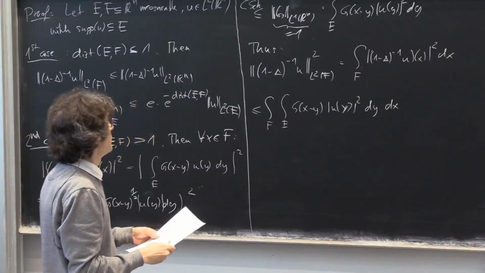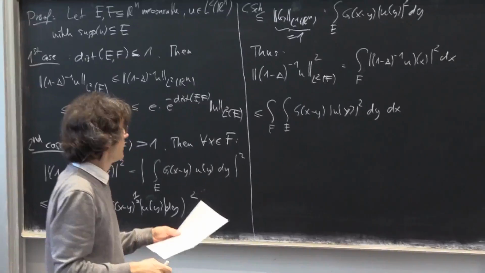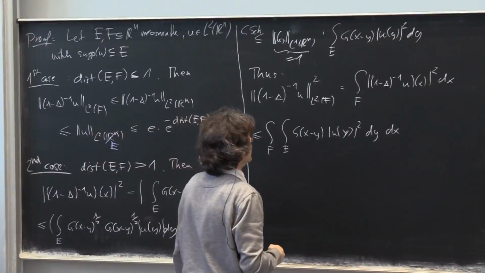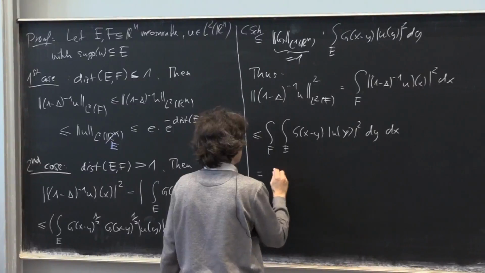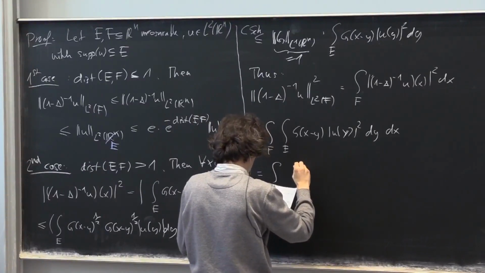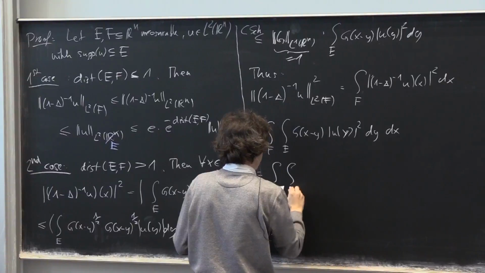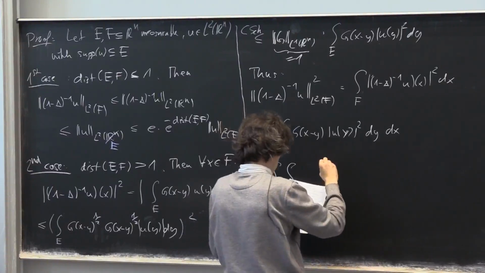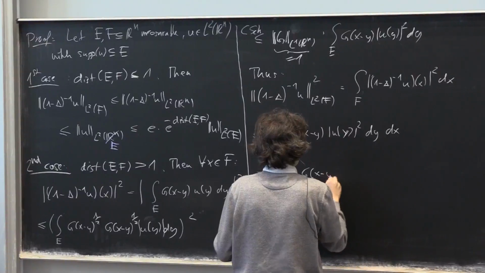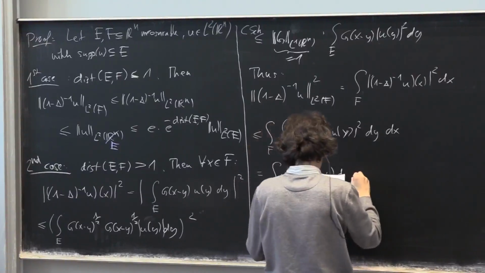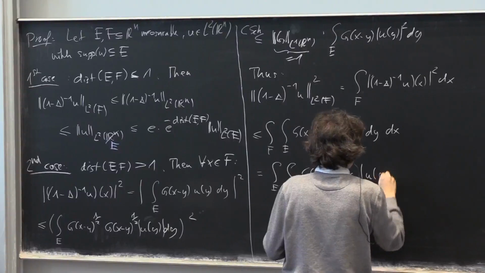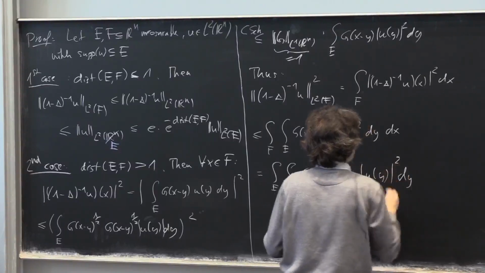Next thing evidently is to do some Tonelli. So this is the integral over E, and I just want to have the integral over F of g of x minus y dx, times the modulus of u of y squared.